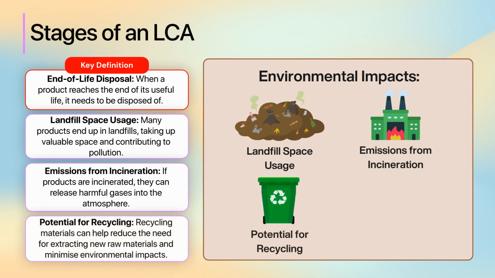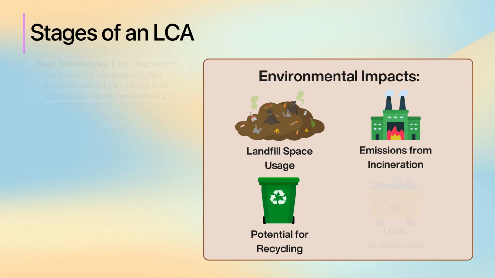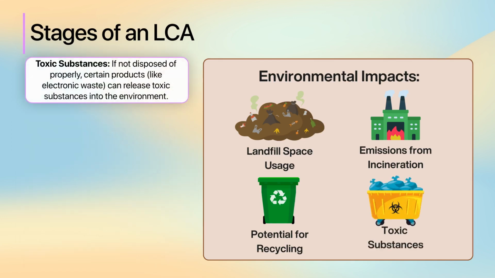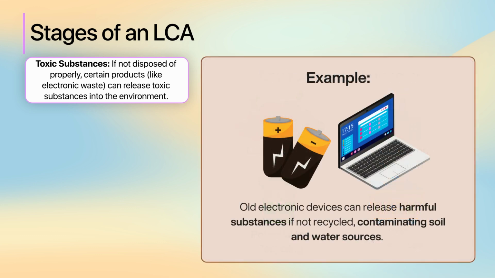Potential for recycling. Recycling materials can help reduce the need for extracting new raw materials and minimize environmental impacts. Toxic substances. If not disposed of properly, certain products like electronic waste can release toxic substances into the environment. For example, old electronic devices can release harmful substances if not recycled, contaminating soil and water sources.